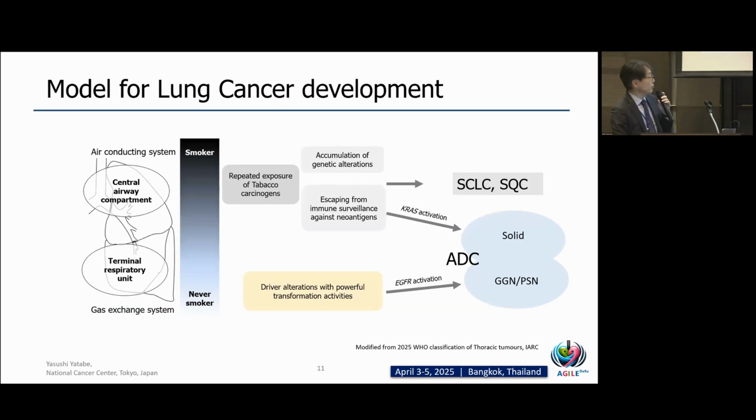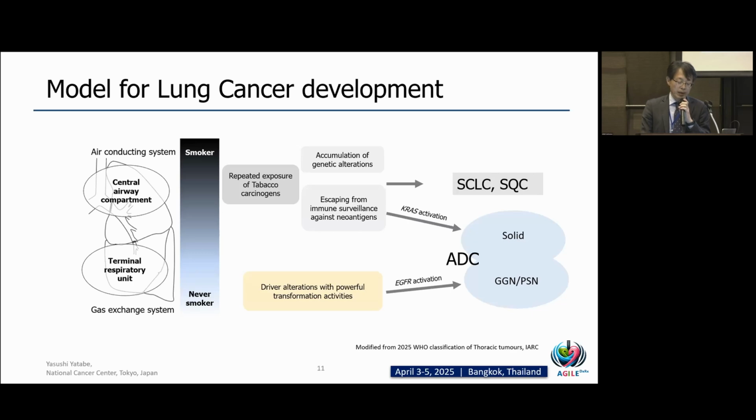One explanation of these differences is the model for lung cancer development. This is taken from the WHO classification of lung cancer. The lung can be divided into two central anatomic components. One is the central airway compartment, which conducts the air to the parenchyma, and the parenchyma is called the terminal respiratory unit.